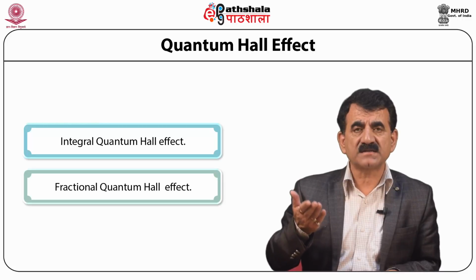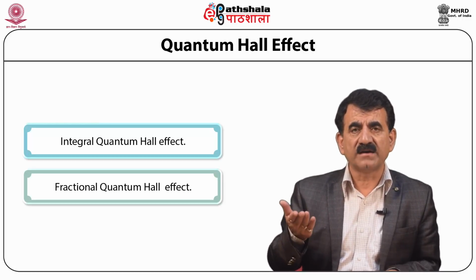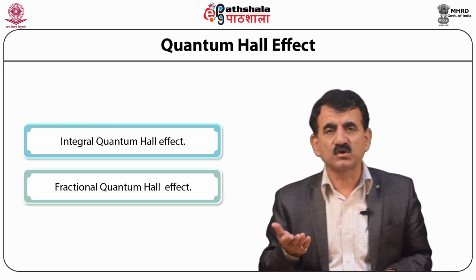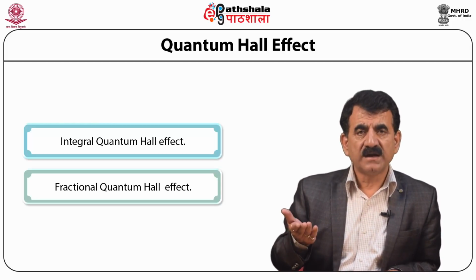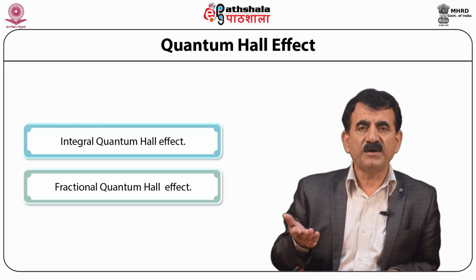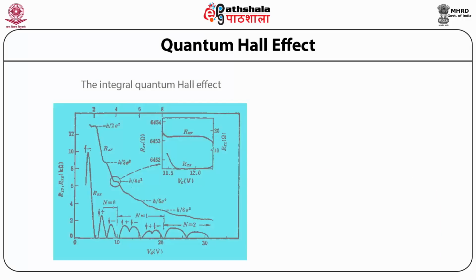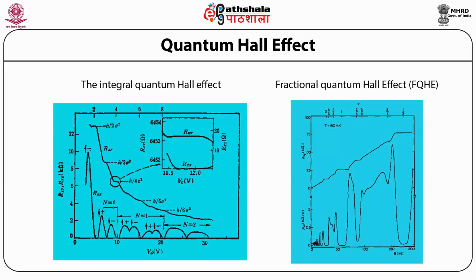And when we discuss the fractional quantum Hall effect, it is associated with odd numbered fraction bosons and even numbered fraction fermions, and there is correlation between the electrons.